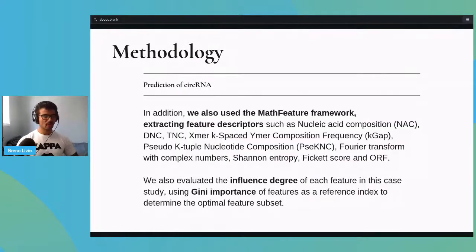In addition, we also use the MathFeature framework and structural feature descriptors, such as the nucleic acid composition, GC content, and many others. We also evaluated the influence degree of each feature in this case study, but in this case using the Gini importance as a reference index to determine the optimal feature subset.